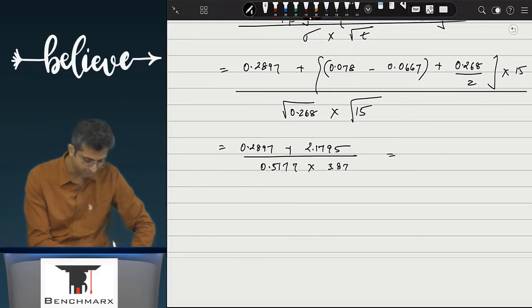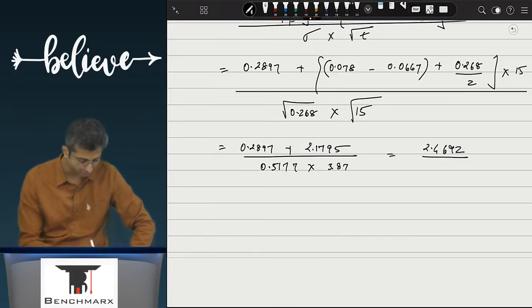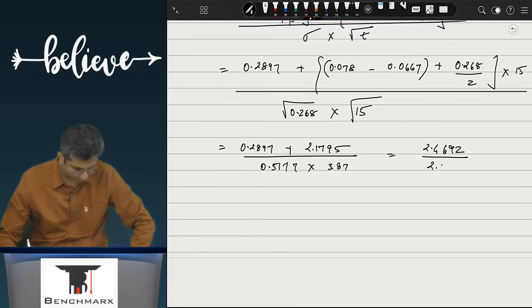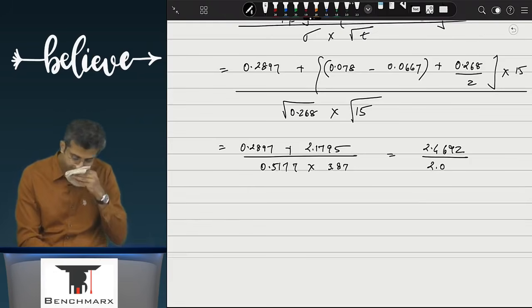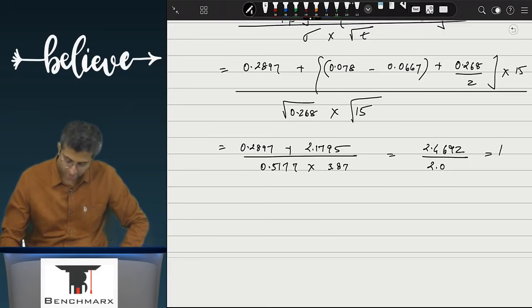So this is 0.2897 plus 2.1795, which is 2.4692, upon, if you take 0.517, sorry, 2.0, approximately 2. 2.4692 upon 2 is 1.23.